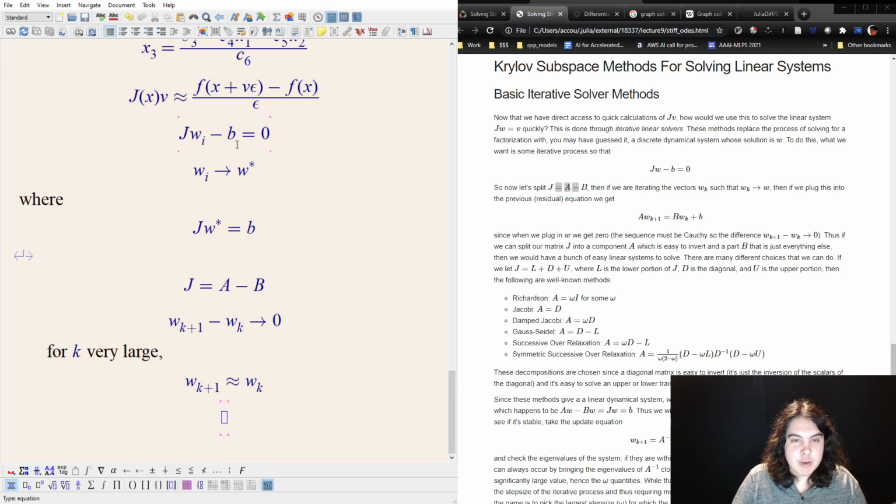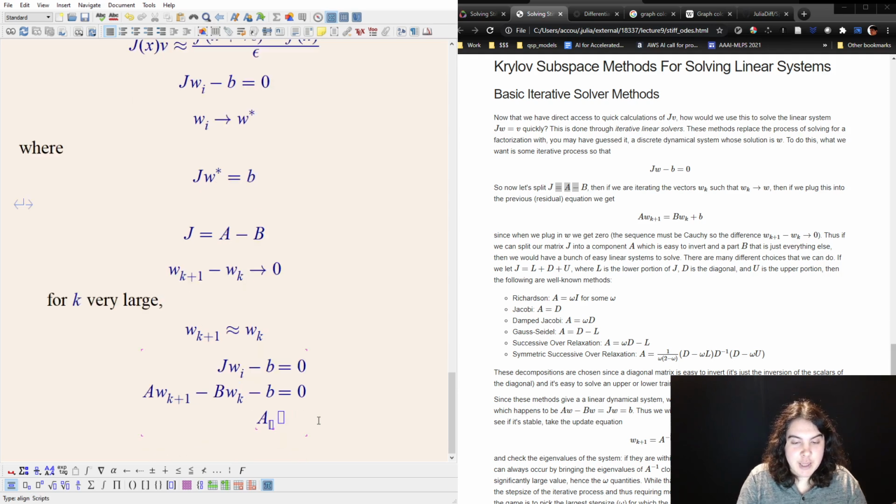So let's split this up. What we want to solve is J w star equals 0. But approximately, it should happen that A w k plus 1 minus B w k minus b equals 0. Or we can move things back over and say A w k plus 1 equals B w k minus b.